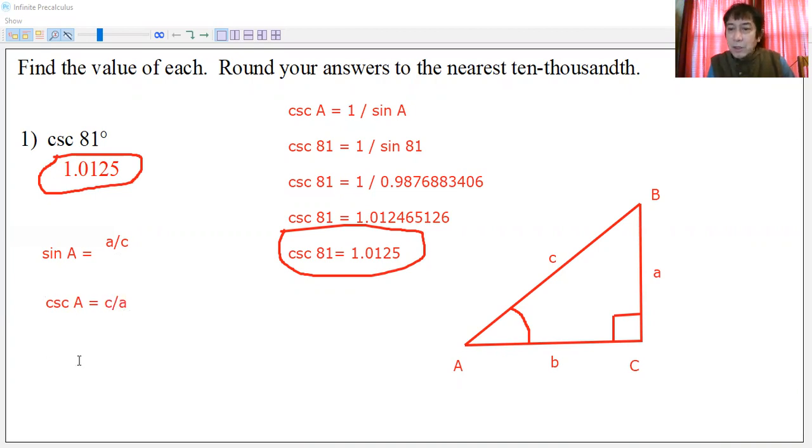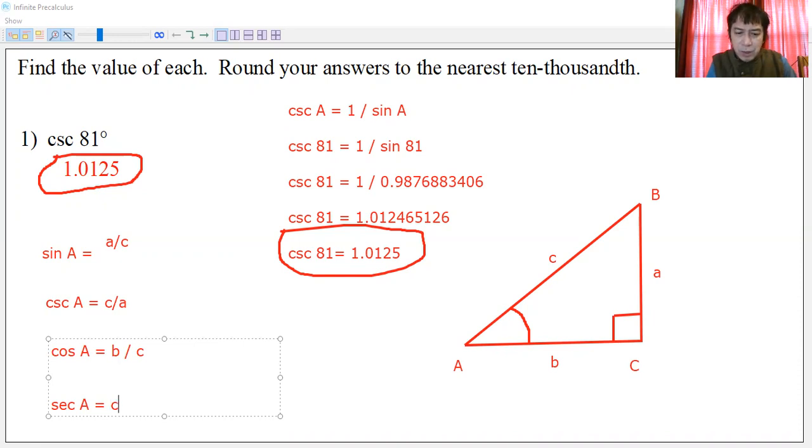The same goes for secant, which is the reciprocal of cosine. So we have cosine of A, which is equal to b over c, and the secant of A is equal to the reciprocal of that, so c over b.